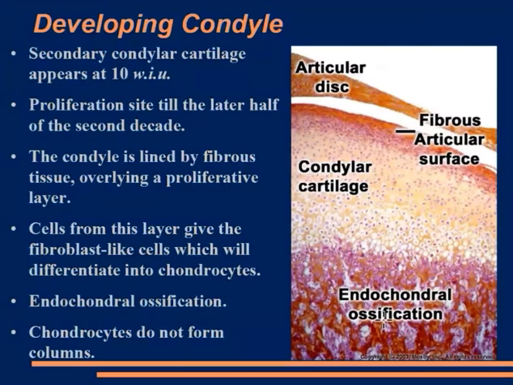Subsequently, we find bone-forming cells, the osteoblasts, which deposit woven, trabecular bone around the calcified cartilage area. Eventually, this area will be remodeled to produce more mature bone.